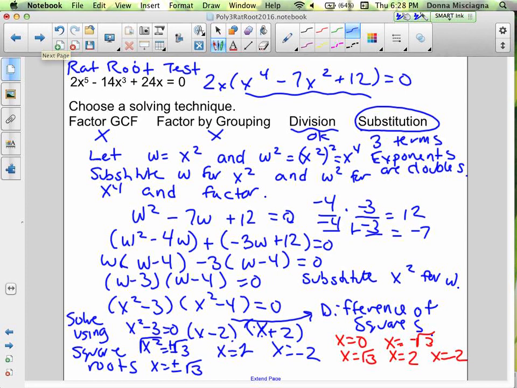So that would be 1, 2, 3, 4, 6, and 12. That's going to give you 12 possibles, those factors of 12. And we see that only 2 of them were actually going to be solutions, 2 and negative 2.